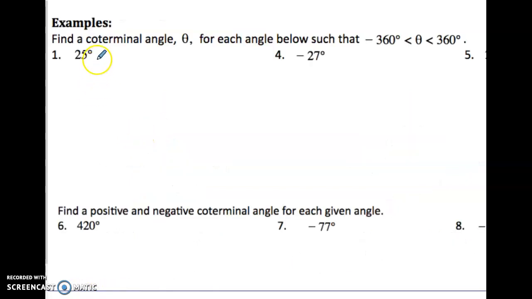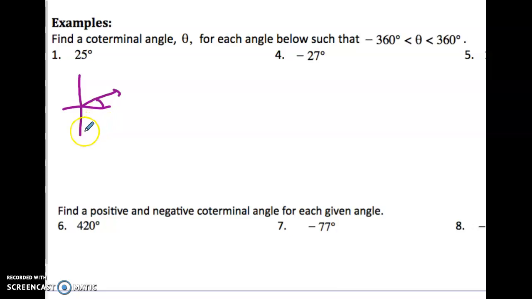If I have to find the coterminal angle for a theta such that it's between negative 360 and positive 360, I'm going to draw a picture so we know what we're looking at. Positive 25 degrees would be approximately this angle going from here to here. If I want a coterminal angle between negative 360 and 360, I don't want to go around and then some, because then it would be greater than 360.